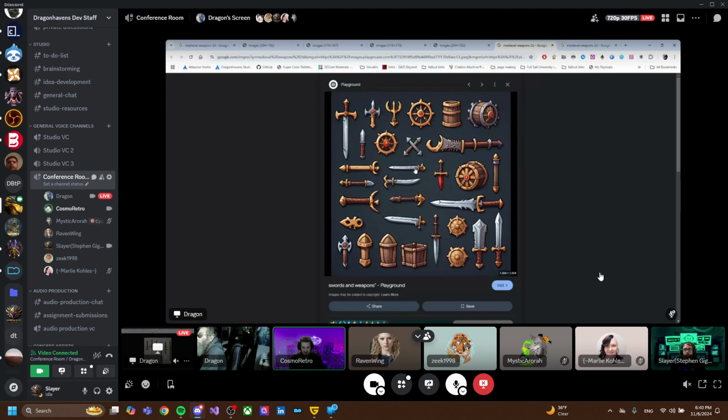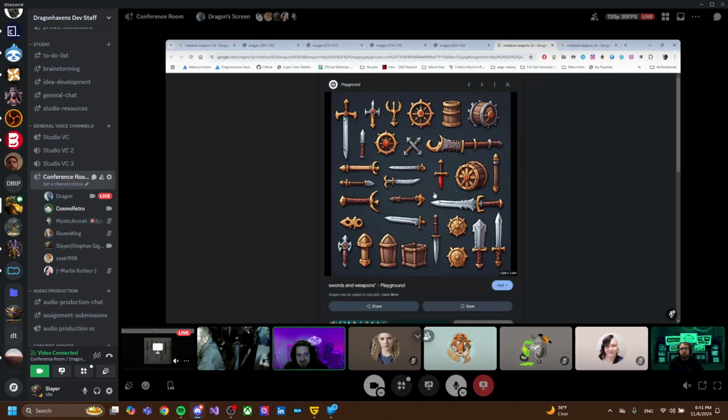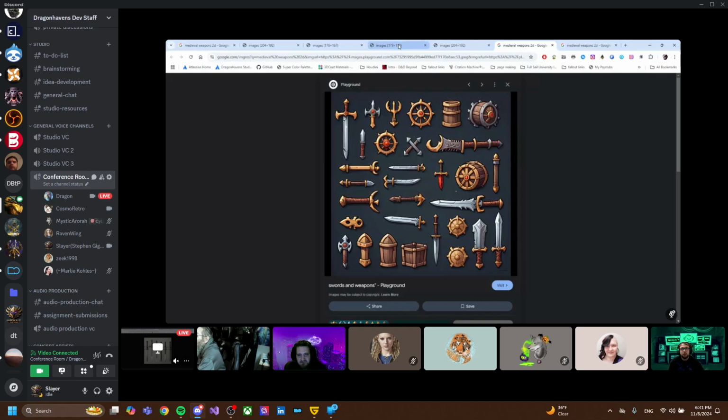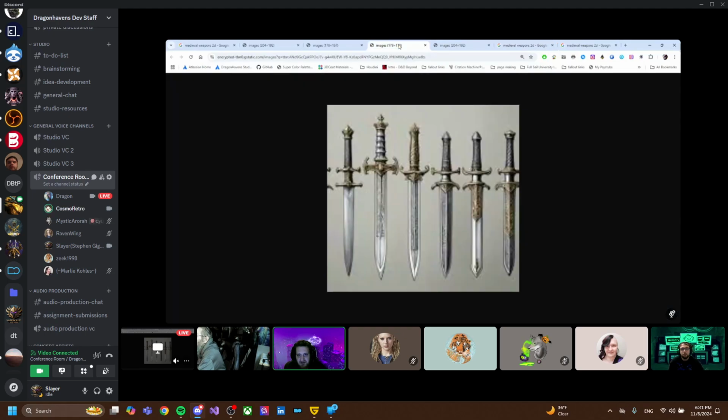Oh, I see what you're saying. Art direction? Yeah, trying to figure out what we're looking for as far as the aesthetic of the weapons. Yeah, the second one seems like what a lot of other games do. The first one, the more realistic one, doesn't seem like what many do. So it depends what we want.